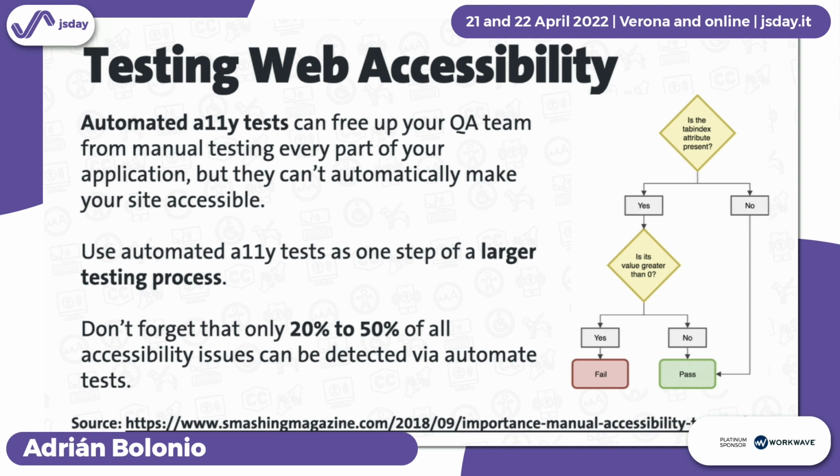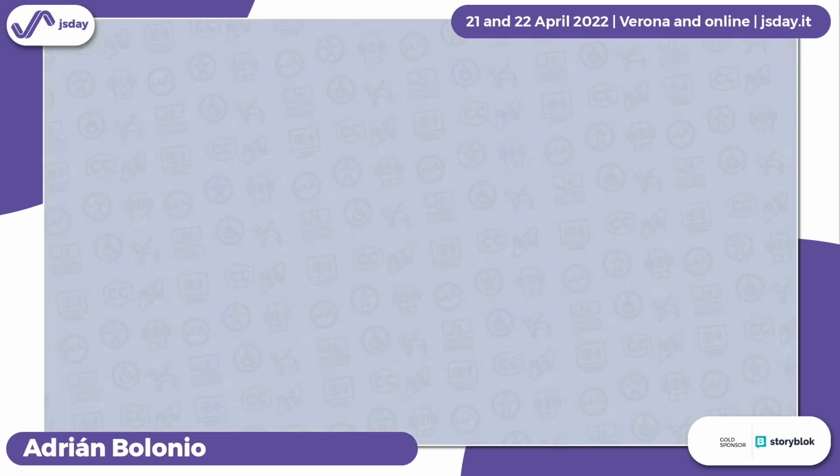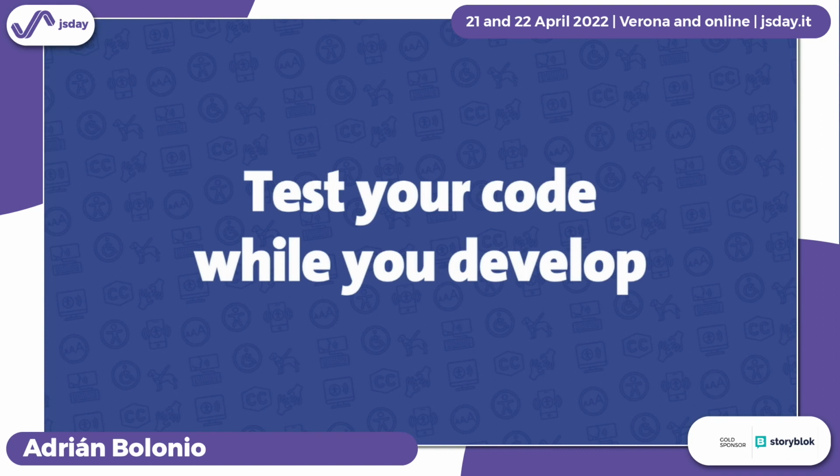So I'm going to show you a bit of the practices that I use every day, or that have been useful for me in my everyday work. And we're going to talk about 3 parts: development, so testing while we develop, automated tests, and manual tests. So the first tip, advice, whatever you want to call it, is test your code while you develop.